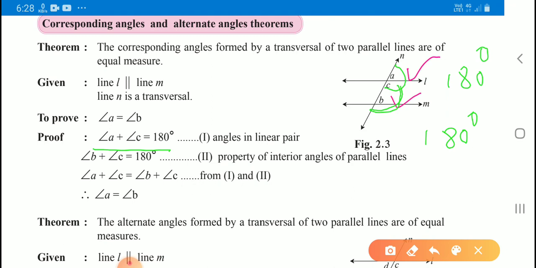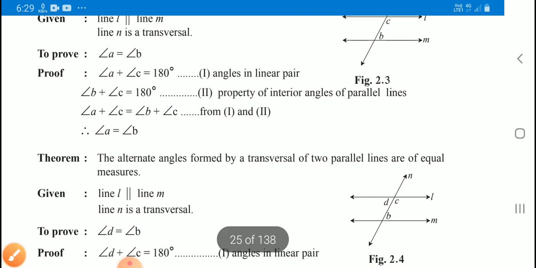Now from 1 and 2, the right sides of the equations are equal, so the left sides can also be taken as equal. So angle A plus angle C is equal to angle B plus angle C. Angle C cancels with angle C, then what will remain? Angle A is equal to angle B. That is what we wanted to prove. So we have proved angle A is equal to angle B, meaning the corresponding angles formed by a transversal of two parallel lines are of equal measure.